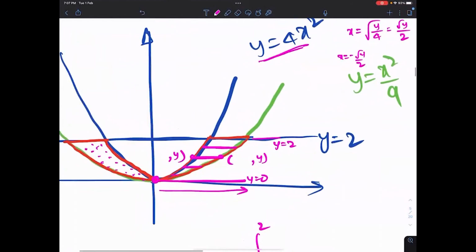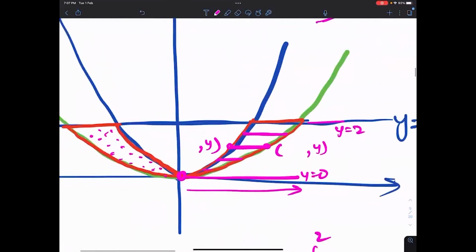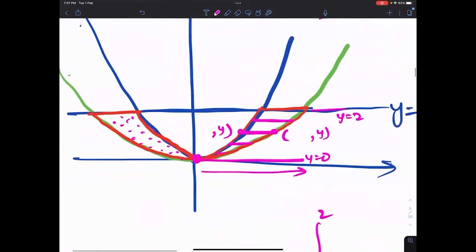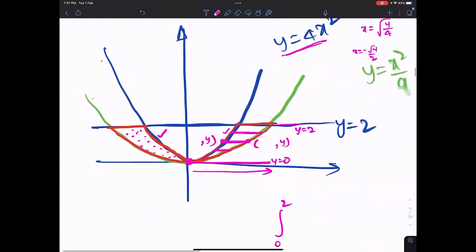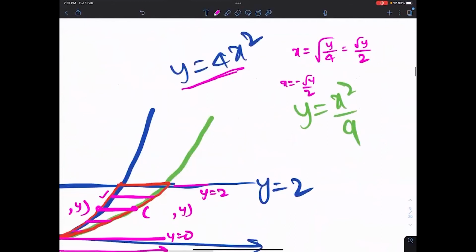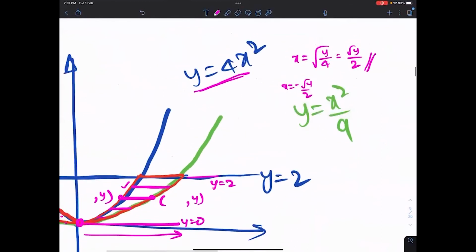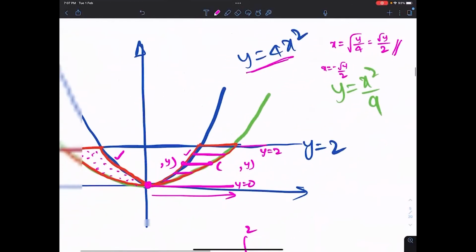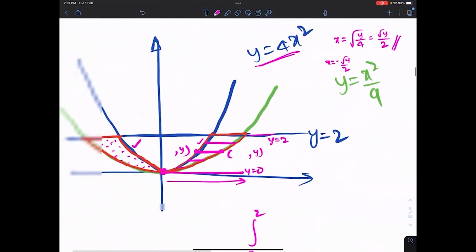Yeah, but that will be on the other side, because here two sides are there. On the right side, it will be root y by 2. On the left side, half of the parabola will be minus root y by 2. So this half is root y by 2, and the other half will be minus root y by 2. Fine, root y by 2 I'm writing.